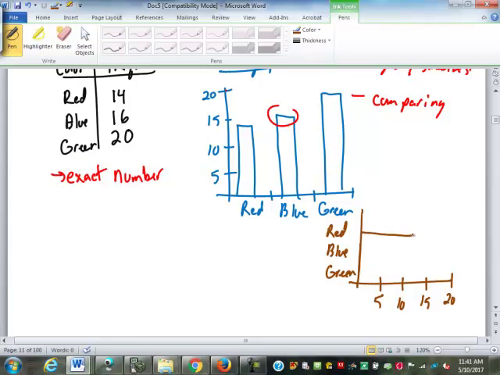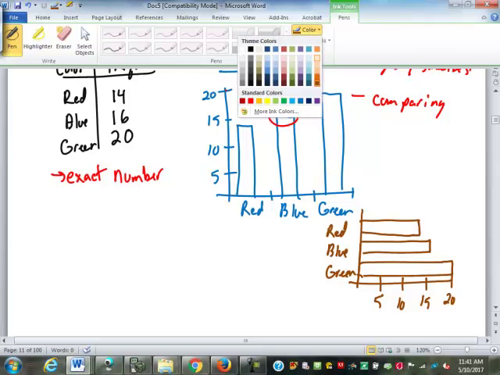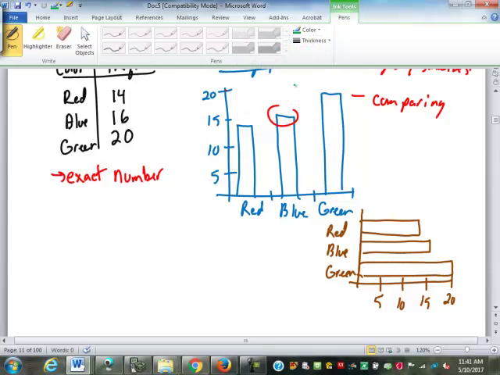So we've got 14 for red, 16 for blue, and 20 for green. Either one is an acceptable display for categorical data. We can either be vertical or horizontal. When we get into numerical data, we'd have to use a vertical bar graph. And we'll discuss that in just a minute.